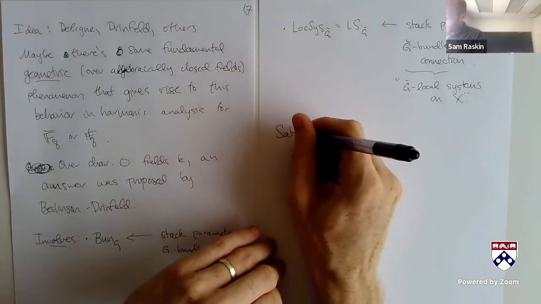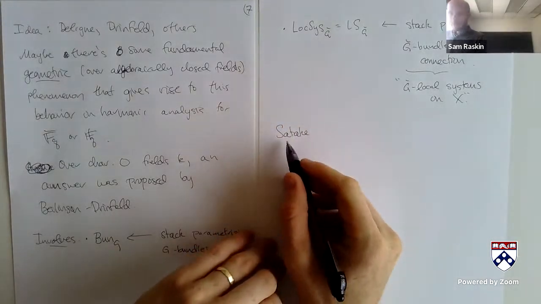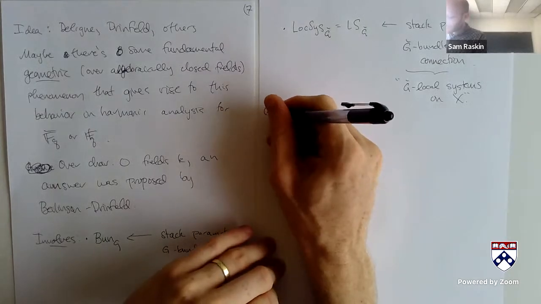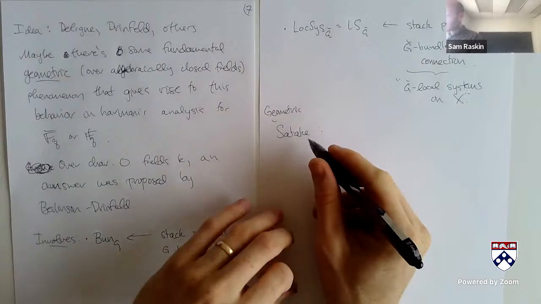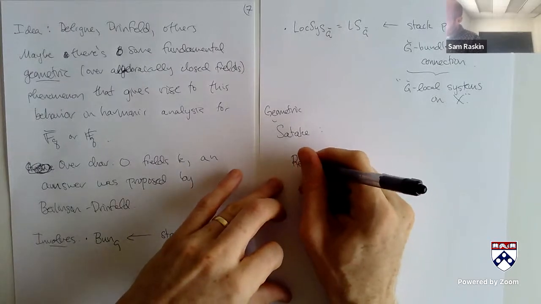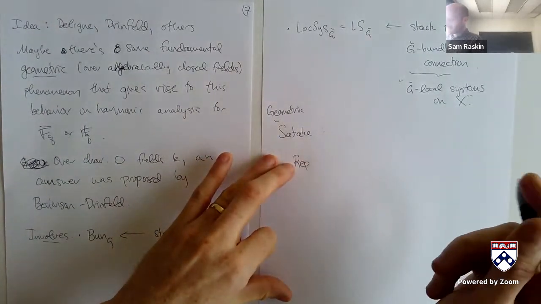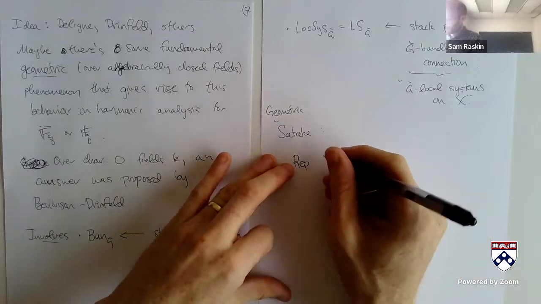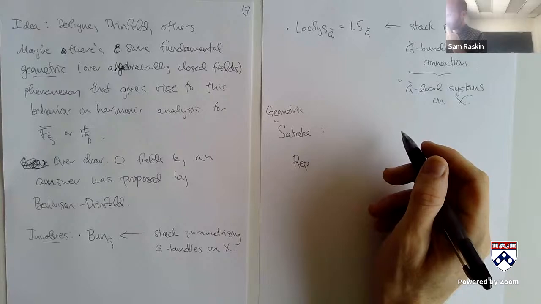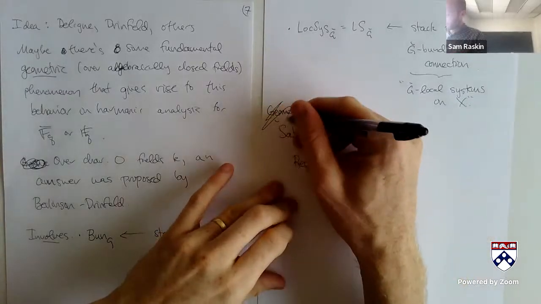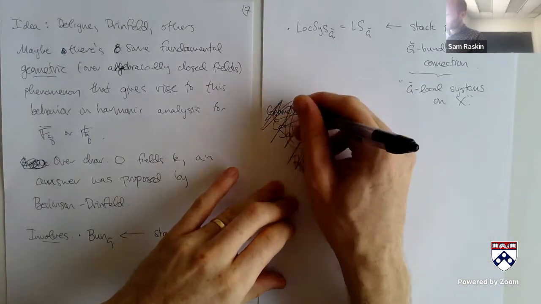Now, geometric Satake gives the following kind of structure on... okay, I'm messing this up. I'm just going to scratch this out and we'll come back to it in a bit.